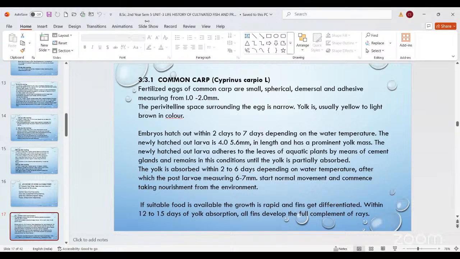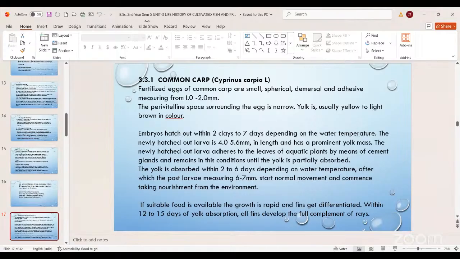The newly hatched larva adheres to the leaves of aquatic plants by means of cement glands and remains in these conditions until the yolk is partially absorbed. The yolk is absorbed within 2 to 6 days depending on water temperature, after which the post larvae, measuring 6 to 7 mm, start normal movement and commence taking nourishment from the environment.